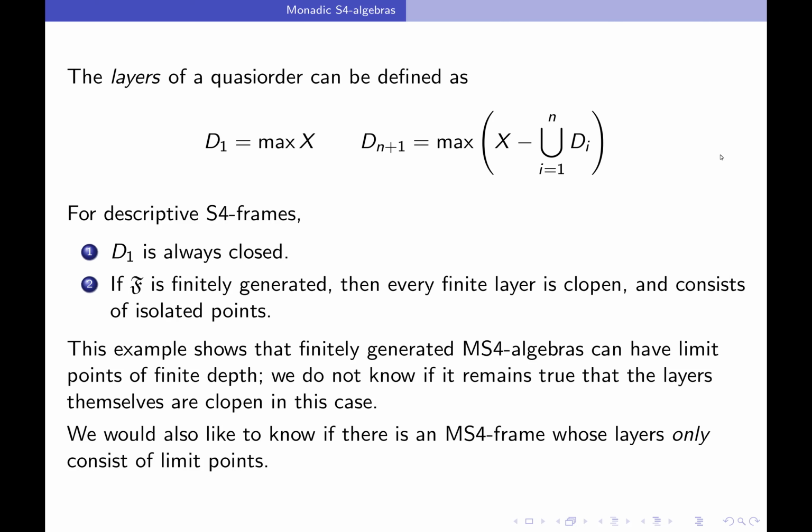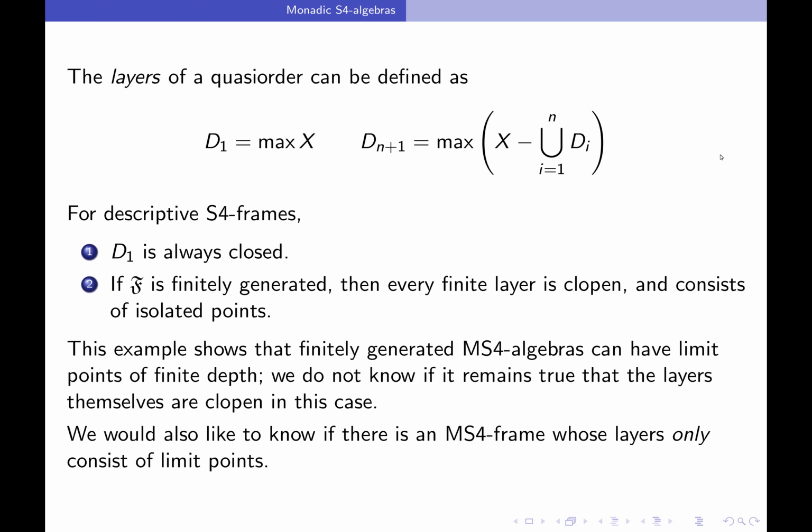And we actually have no idea about the second point here. So the first case generalizes. We do not know if the second case generalizes here. We suspect that in a finitely generated algebra the layers of finite depth will be clopen, but the techniques to prove that just break down completely in the bimodal setting. So we do not know.